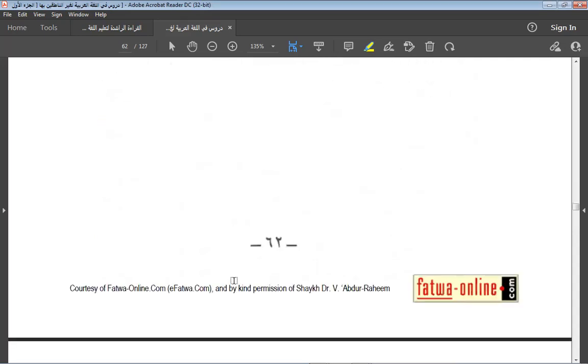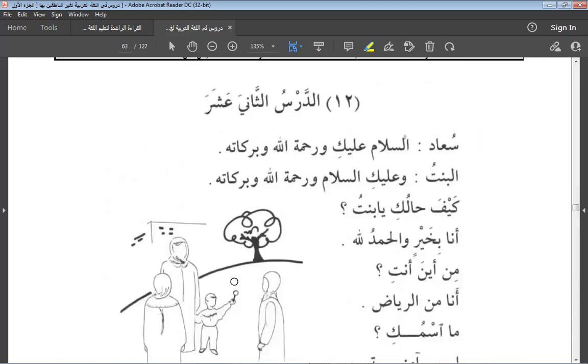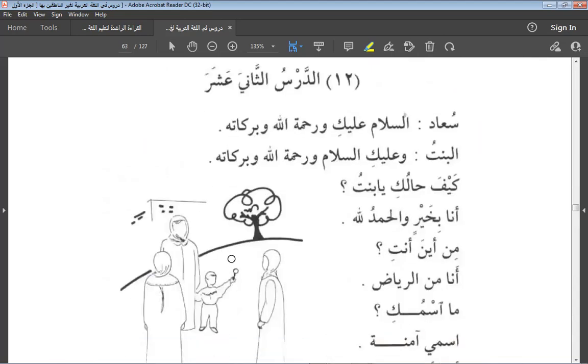Okay. الدرس الثاني عشر. In case there is no question, and on your word, we continue with the 12th lesson.